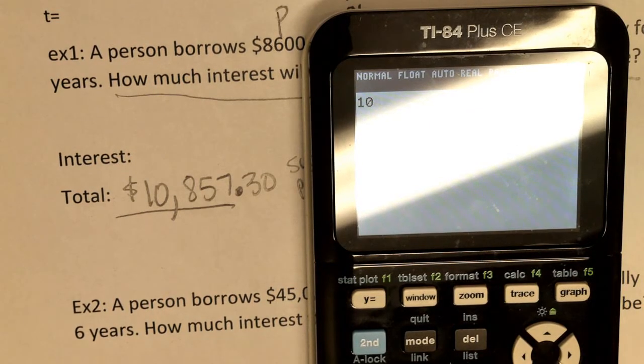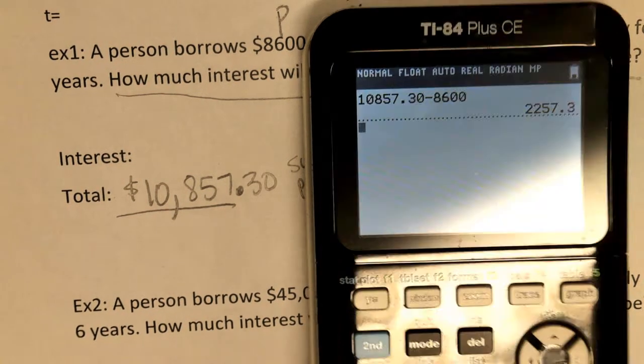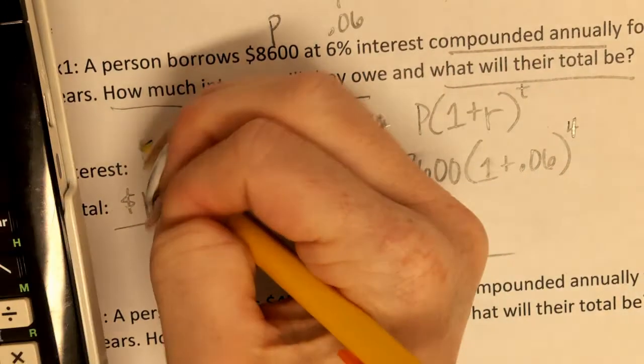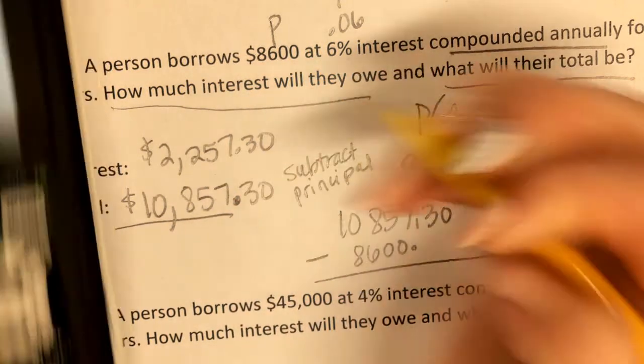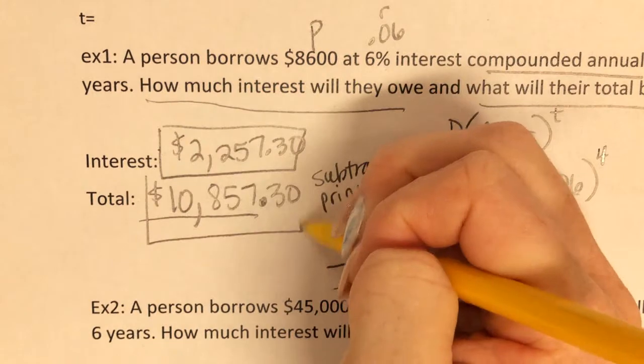So $10,857.30 minus $8,600, and that's the fee they charged. They charged $2,257.30 in fees. 2 answers. Okay, try the next one on your own.